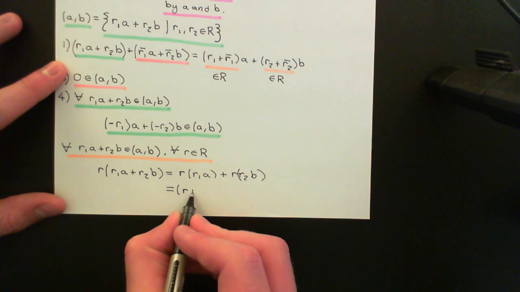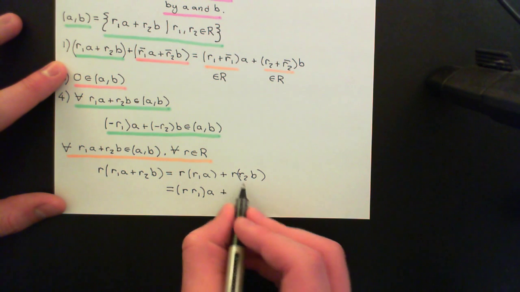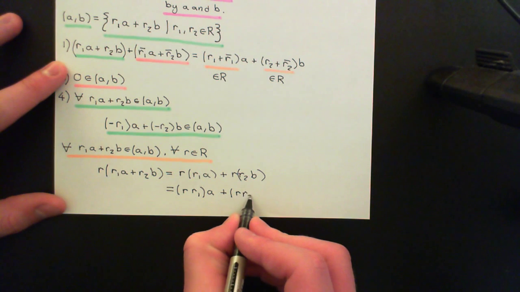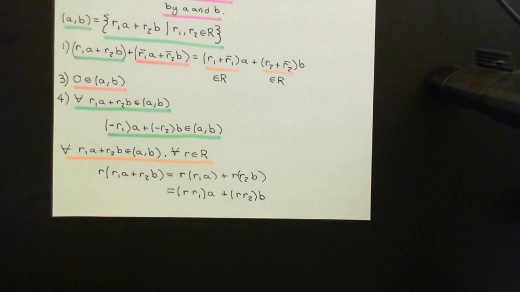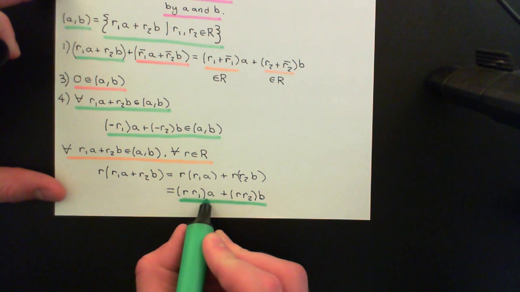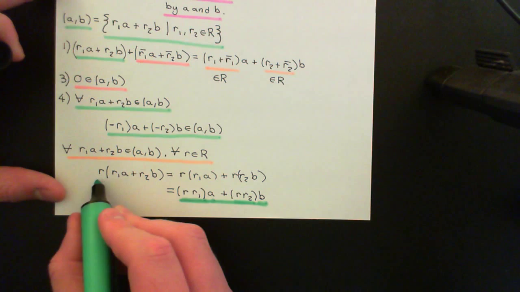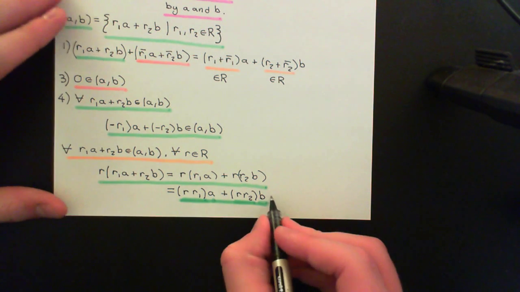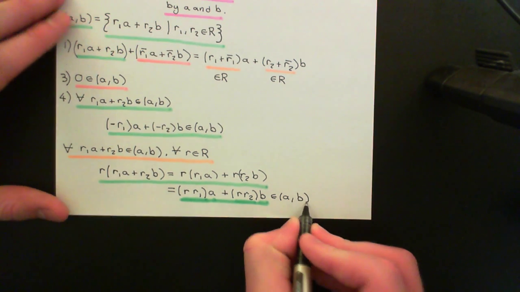So we'll put the brackets instead around R times R1 here, and then have it multiplied by A, and we'll put the brackets in the different place here as well. So we'll have R times R2, and then that product will be multiplied by B here. Okay, so of course, sitting in front of our eyes now, we've got an element of the ring multiplied by A, plus some element of the ring multiplied by B, which of course is going to be an element of our ideal generated by A and B.